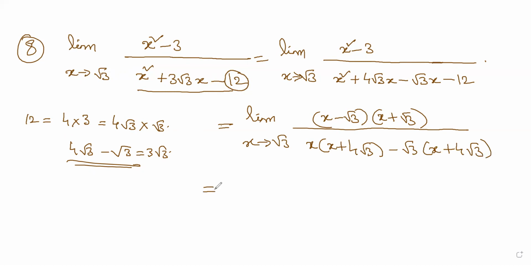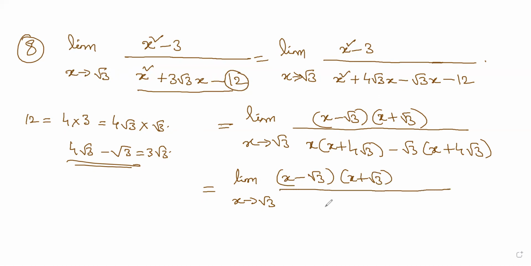So you have limit x tends to root 3, x minus root 3 into x plus root 3 whole divided by x minus root 3 into x plus 4 root 3. This is what you have, and x minus root 3 is gone.